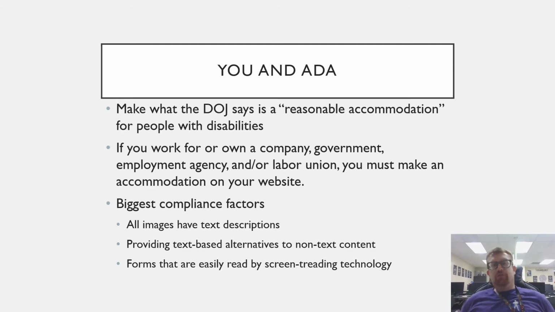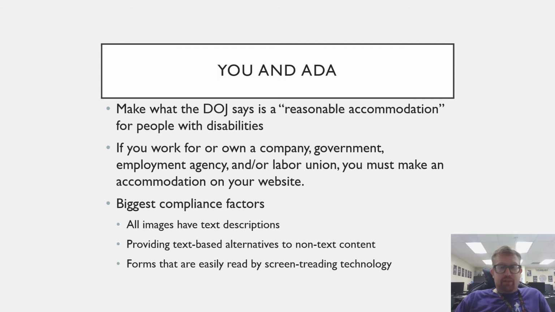Your website that you may develop, as long as it's not something major for a different major company or part of the government or an employment agency, your labor union, you're going to be fine. Make accommodations as best as you can. However, if it is something that is going to be a lot more recognizable, a lot more out there to the public, then yes, you do need to make as many accommodations as possible.